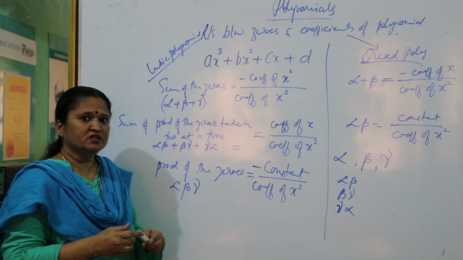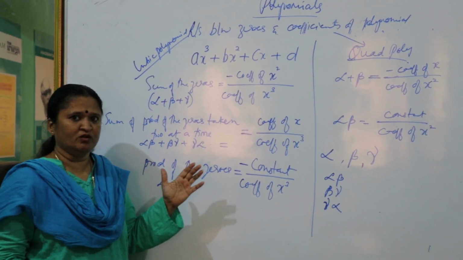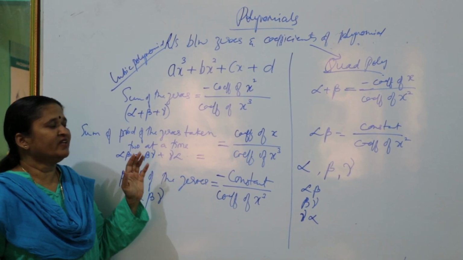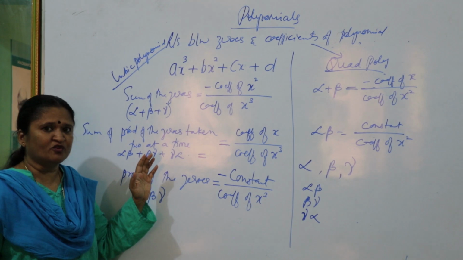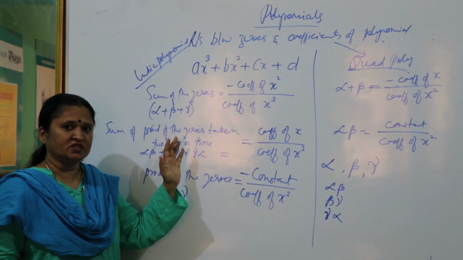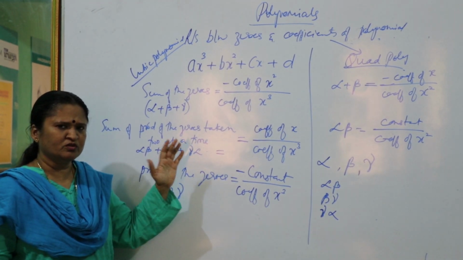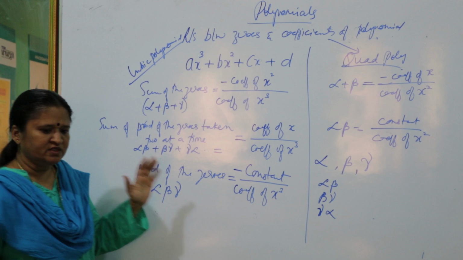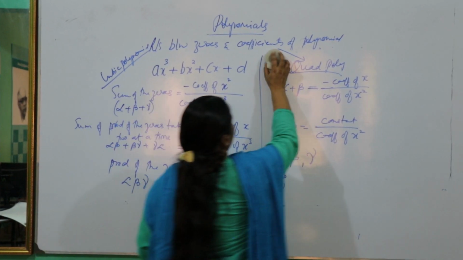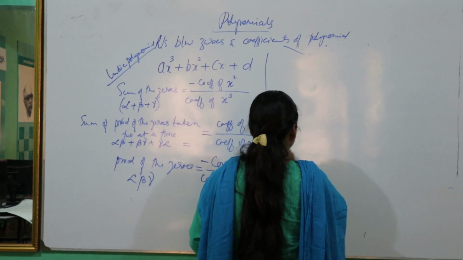Like how we got the standard form of a quadratic polynomial in terms of zeros, similarly we can get the standard form of a cubic polynomial in terms of zeros. It's very important for you to understand that also. You don't have to go too deep into it, but I'll just give you a standard form of a cubic polynomial in terms of its zeros.